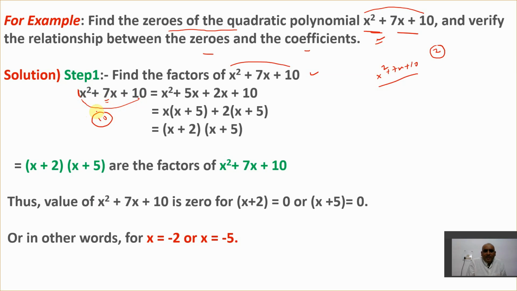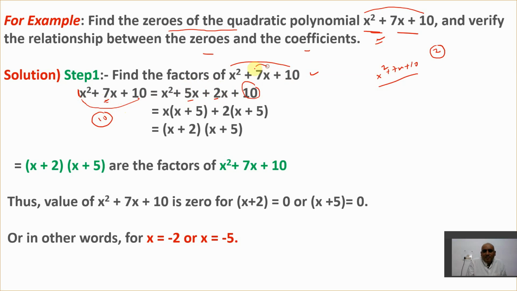If I break 7x as 5x plus 2x, then 5 into 2 is 10. So it becomes 10.